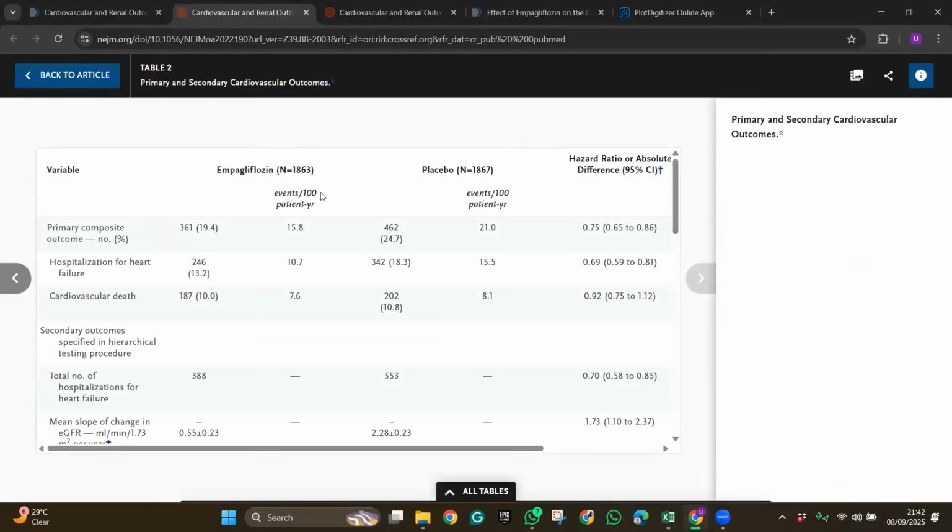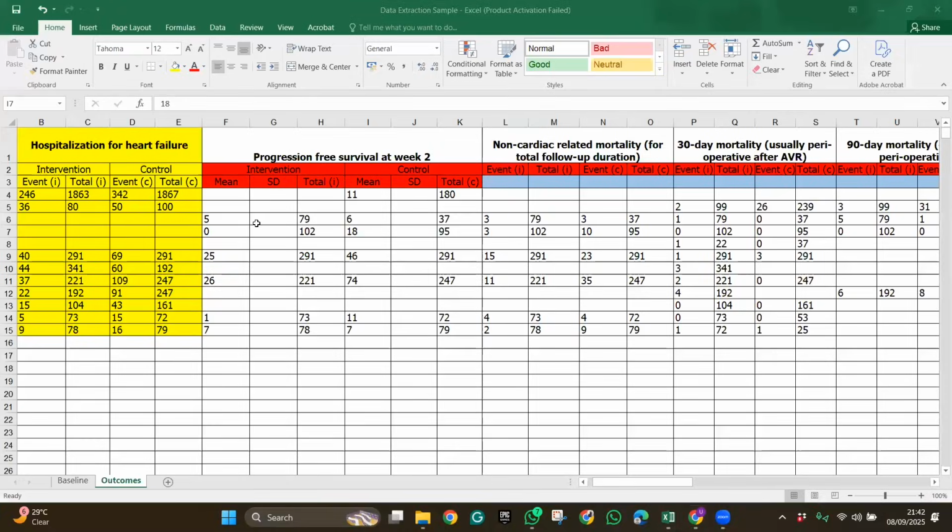This is the baseline table, right? No, this is the outcome table, right? One thing I forgot to mention is that the total for a particular outcome, let's say this is the outcome, hospitalization for heart failure.